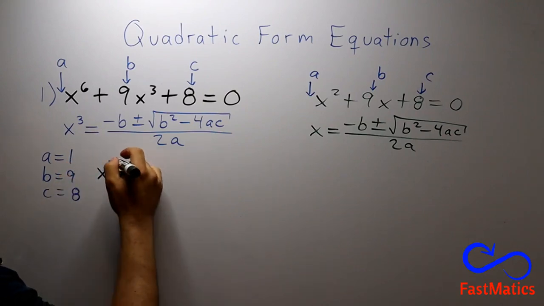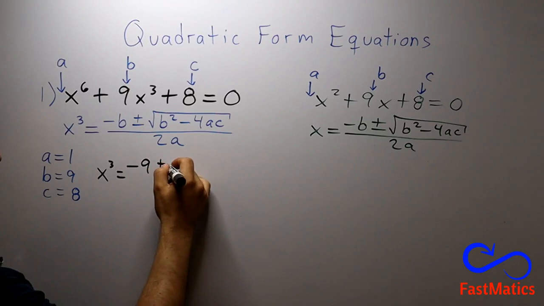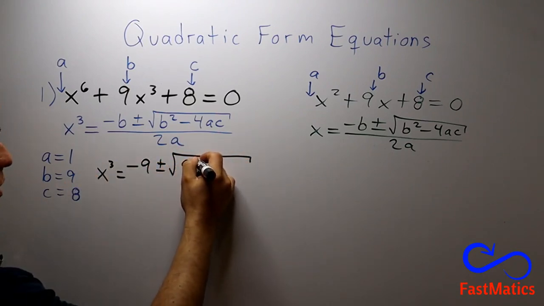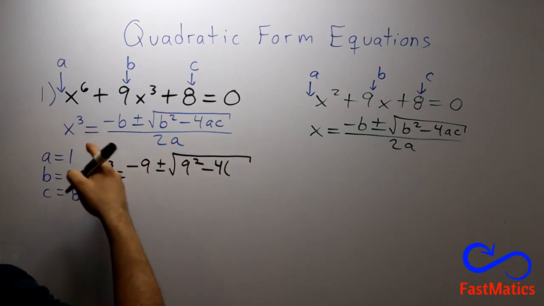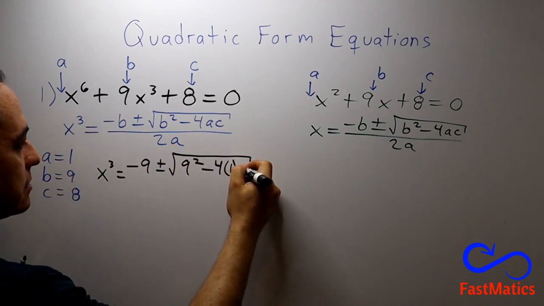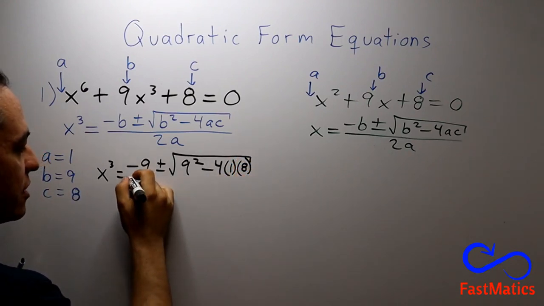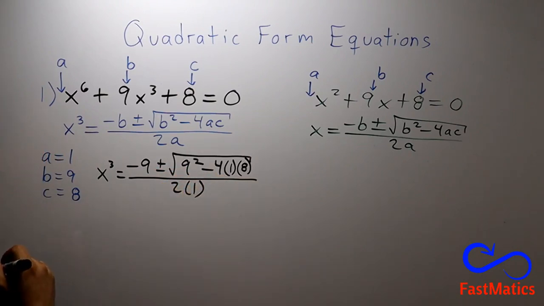Then negative the value of b, plus or minus the square root of the value of b squared, minus 4 times the value of a times the value of c, and everything divided by 2 times the value of a.